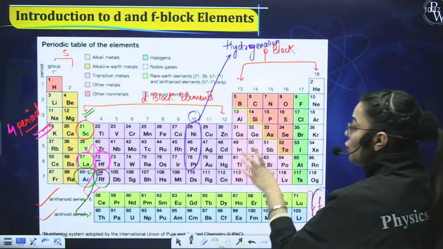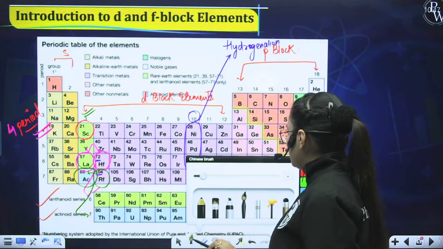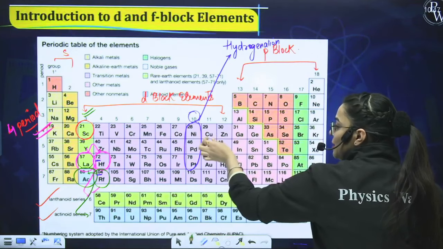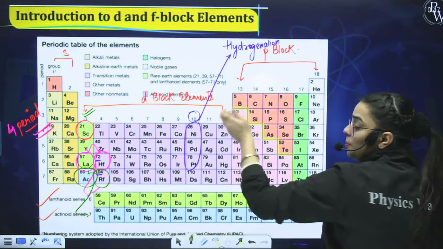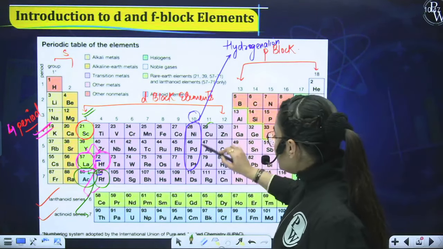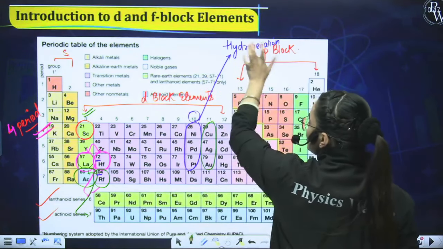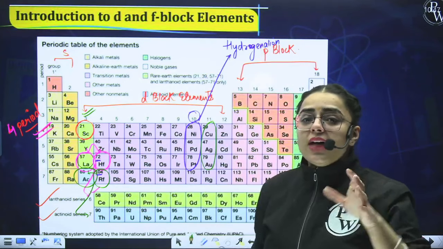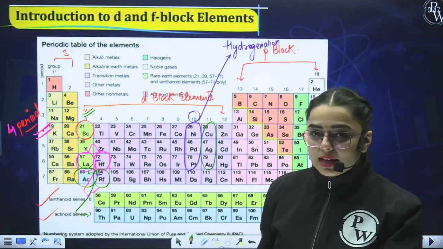Next thing, if you look at the group number 11 elements over here, you can see copper, you can see silver. Just as I told you, group number 10 elements are referred to as hydrogenation elements, meaning they are used as a catalyst in the hydrogenation process.